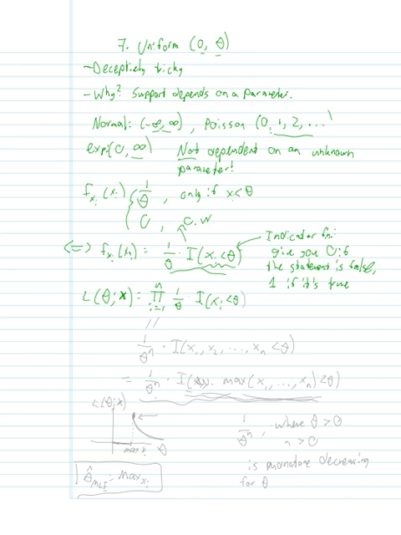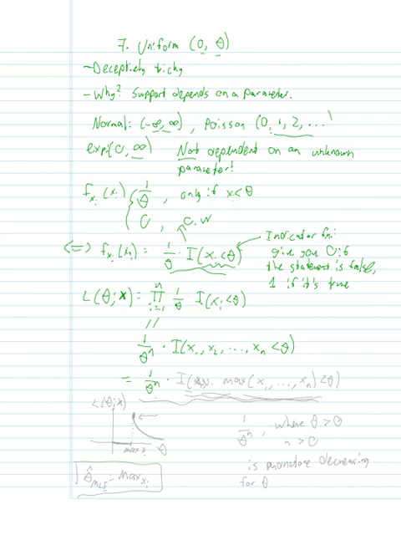So instead of that, we're just going to go with the likelihood function. Writing this, we get 1 over theta to the n, because there's n of them, times the indicator that x1, x2, up to xn are all less than theta. Because if even a single one of them is greater than theta, then we get 0, right?